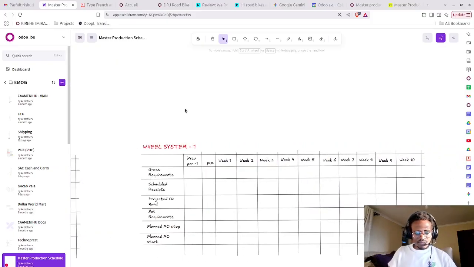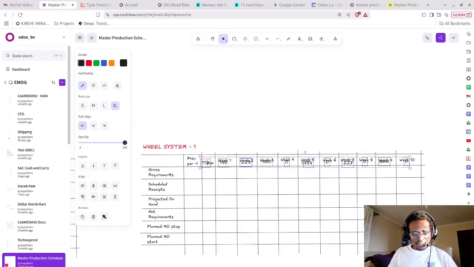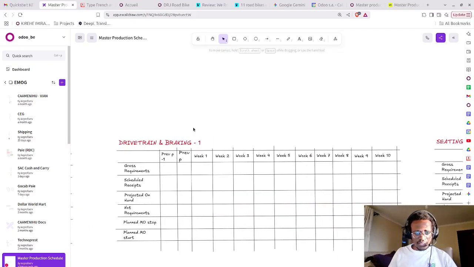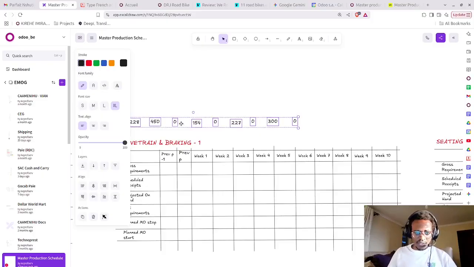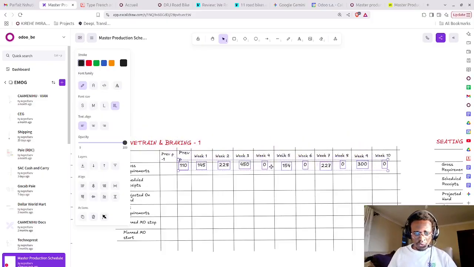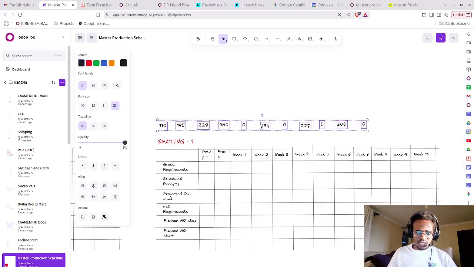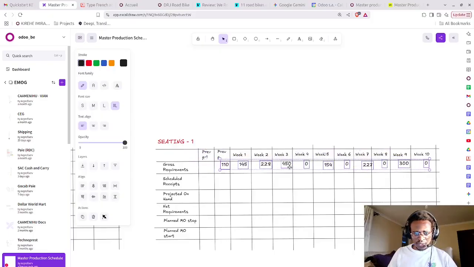And for the wheel system, remember, in simple English, if I need to manufacture 110 bikes, then it means I need 110 wheel systems, etc. So that's basically what we are doing. I'm going to paste it over there and here as well. So this is 110, 145, 0.